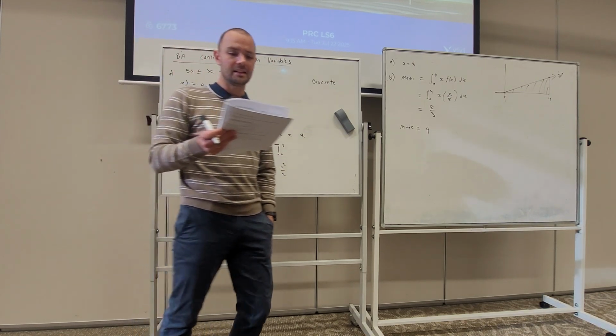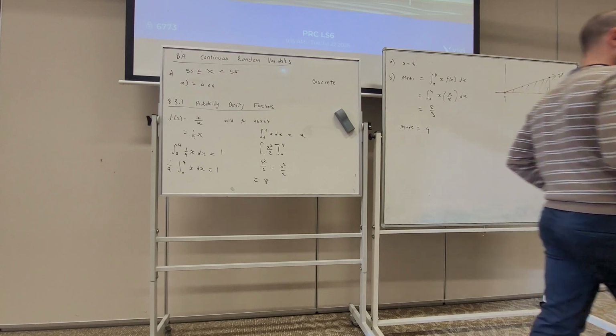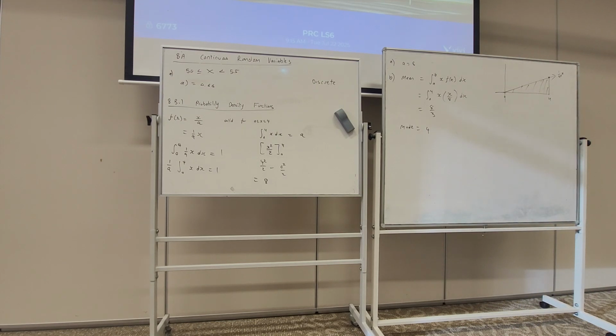Now the median is a little bit more tricky. I'll explain the median visually. The median is the point on the graph such that half of the area occurs below it and half of the area occurs above it. It splits the graph in half. Half the data lies below, half lies above.